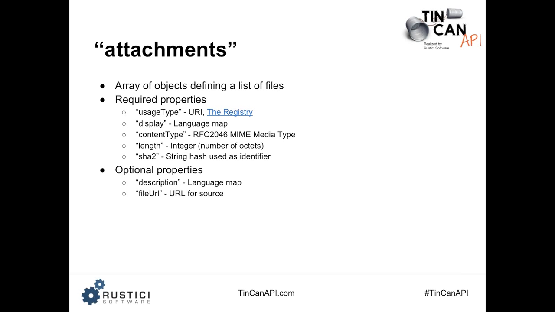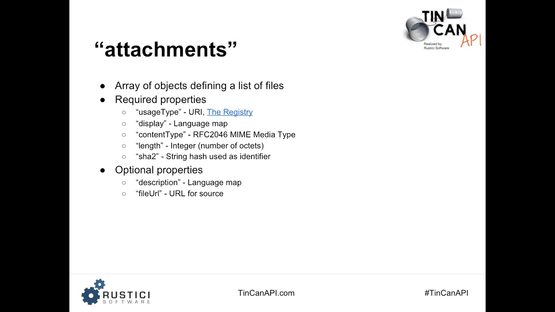Usage type, which takes a URI. An example of a usage type for an attachment might be a certificate. So if I passed my course and I was awarded a certificate, we can actually scan or auto-generate that certificate and attach it along with the statement that captures that I finished the course. Usage types themselves are URIs. Again, this is something that we have available to register in the registry.